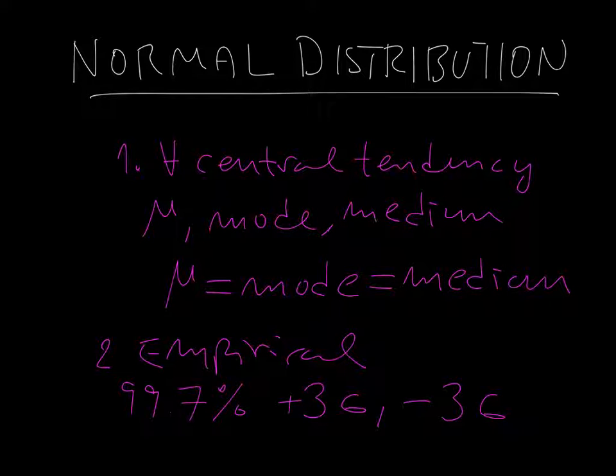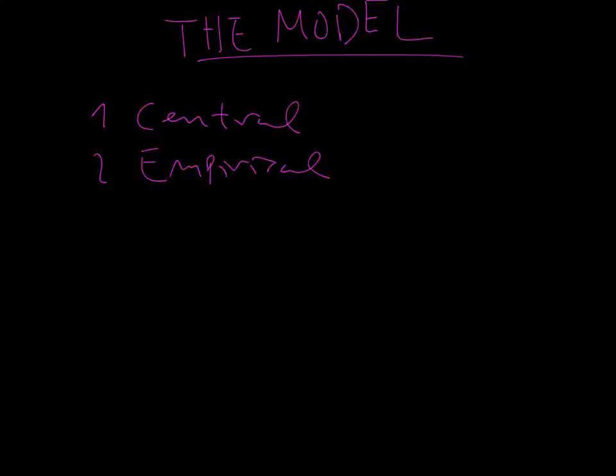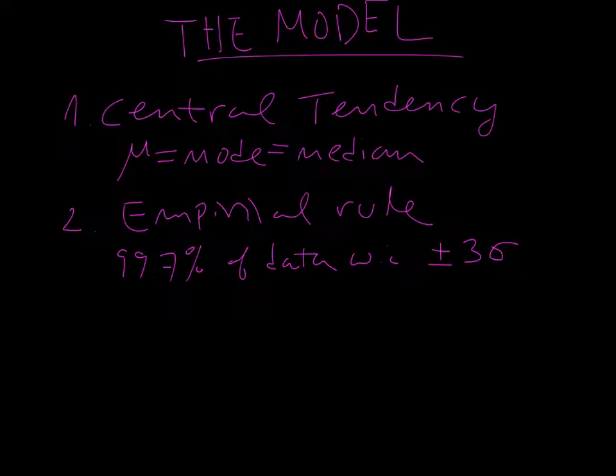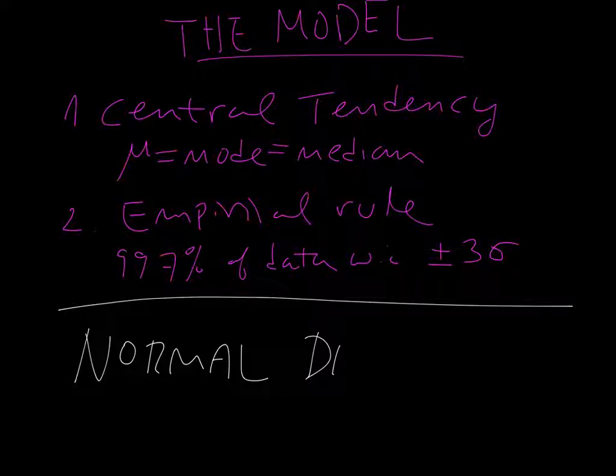We'll see what that means in just a little bit. All data sets that follow the rules of central tendency and the empirical rule are said to be normally distributed. So, normal distribution.